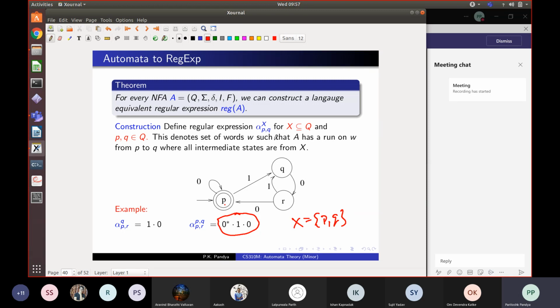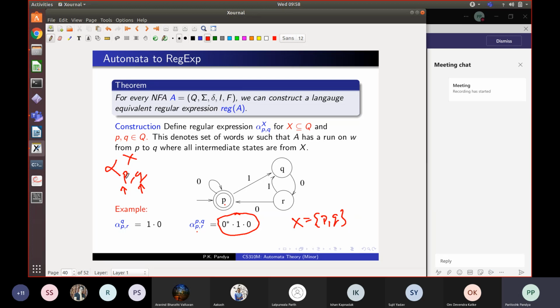It denotes the set of all words W such that the automaton has a run on that word, starting from P, ending up in Q. You start with P, you end with Q, and all the in-between states, not counting the start state and the end state, are in this set X. So all intermediate states come from X.